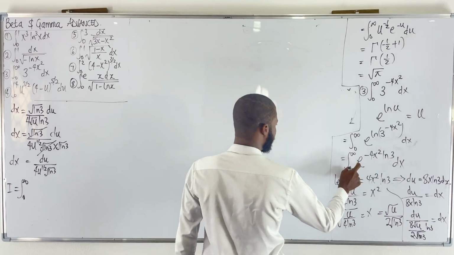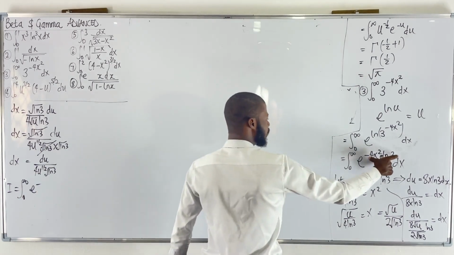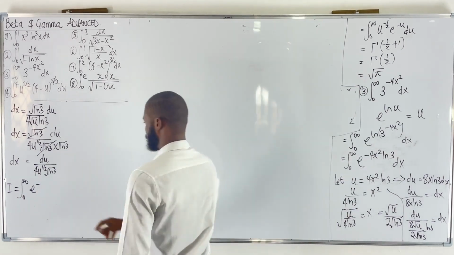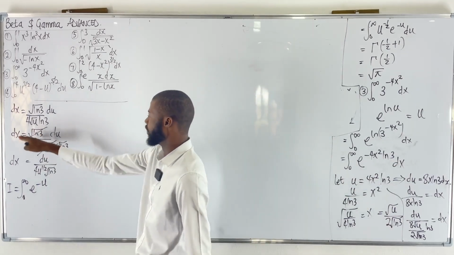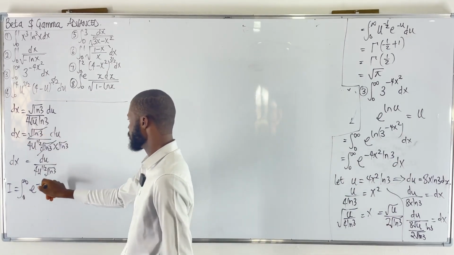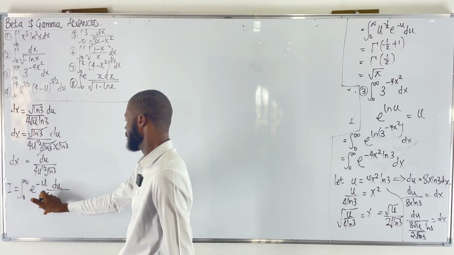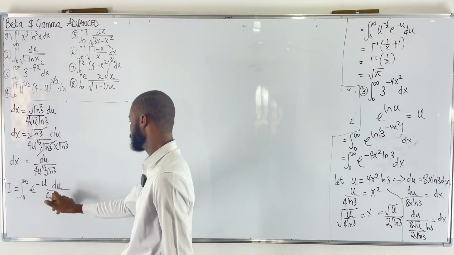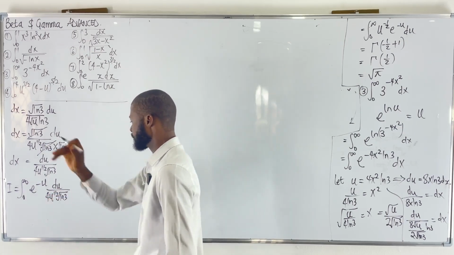Then this will be e to the negative, every single thing here was called u, so u, then dx. But dx is this whole bunch of stuff. So dx is du divided by 4u to the power of half, and then root of length 3.